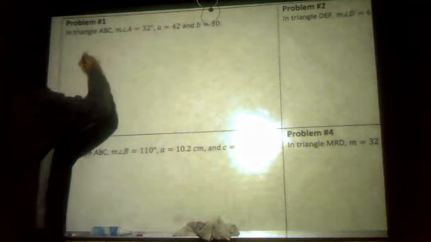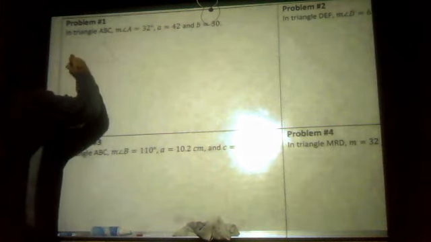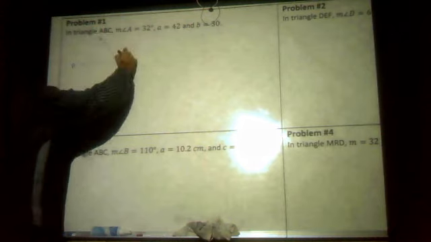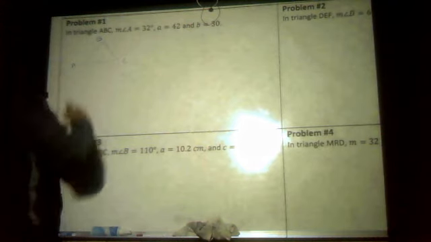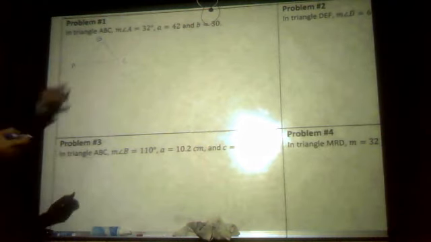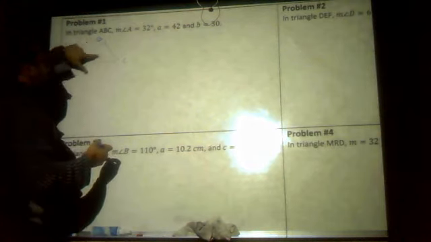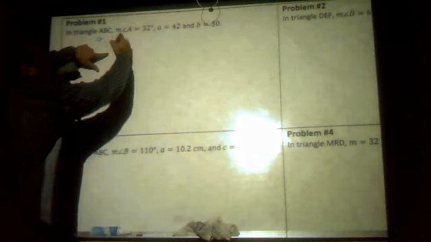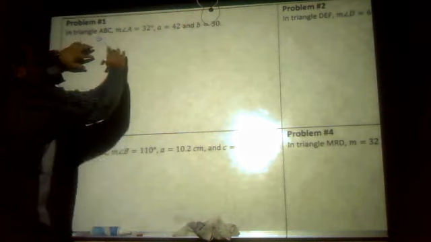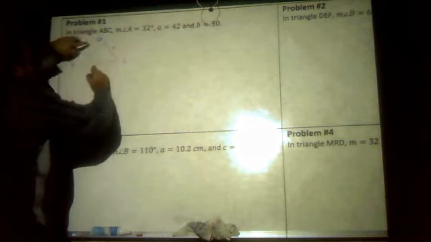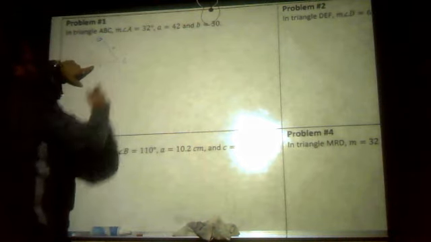So let's go ahead and do that. Let's go ahead and draw our triangle. So in triangle ABC, let's just draw a triangle: A, B, C. We know that the opposite of big A has to be side a, the opposite of angle C has to be side c, and the opposite of angle B has to be little b.